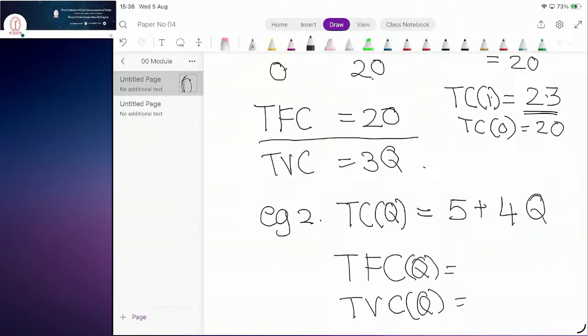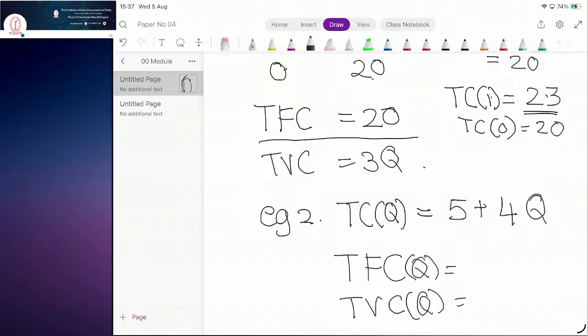Substitute and find out and tell me. Sir, total cost will be 5. Yeah, total cost will be 5. So when Q is equal to 0, total cost is 5. Did you all get this?